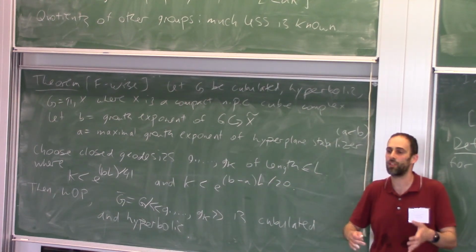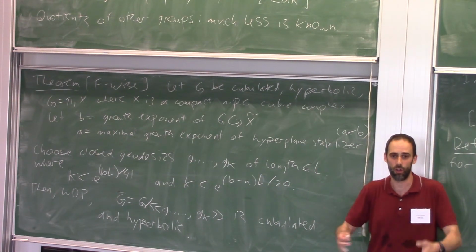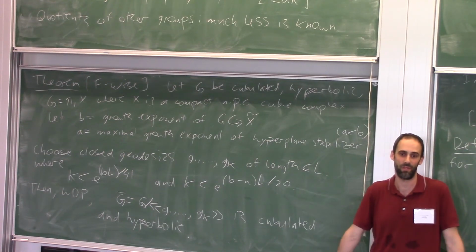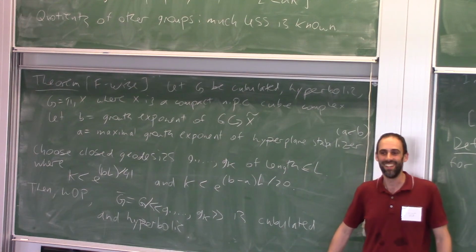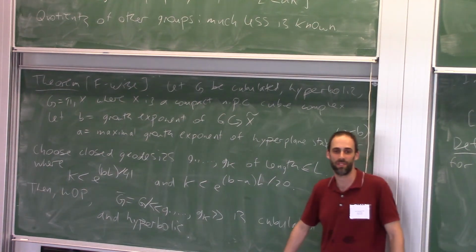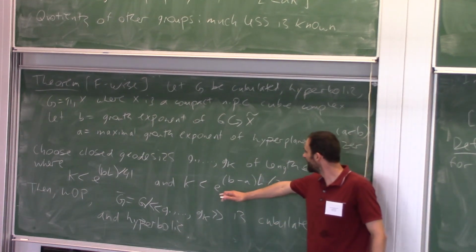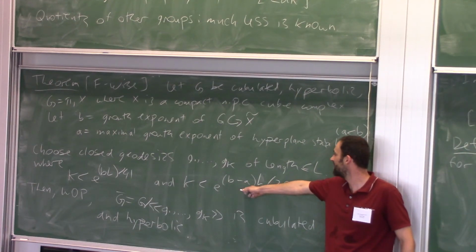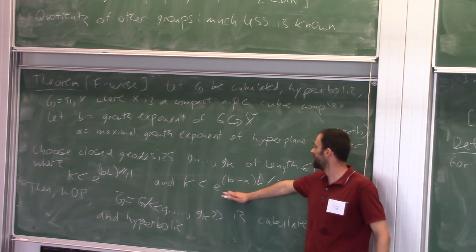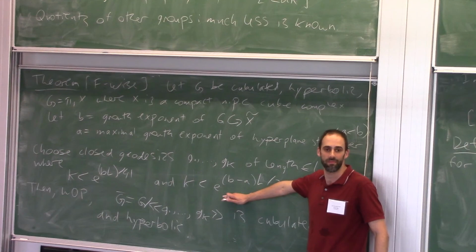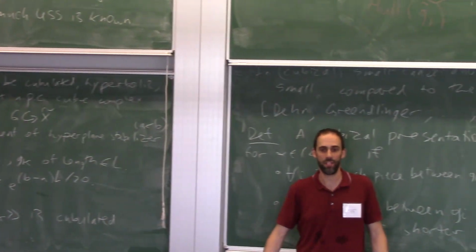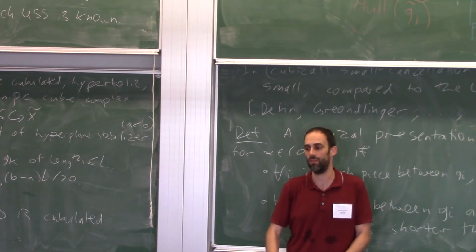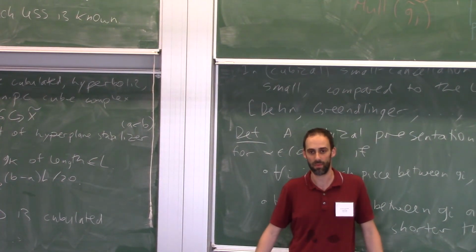If it's a surface and you cubulate it using curves as your walls, which is the only reasonable way to cubulate a surface, I can tell Jason is concerned, right? In any reasonable cubulation of a surface group, the hyperplanes are cyclic, therefore their exponential growth rate is 0, and therefore this will be out of bounds. So then you just have to worry about low density, and in particular sufficiently low density quotients of a surface group are all cubulated.